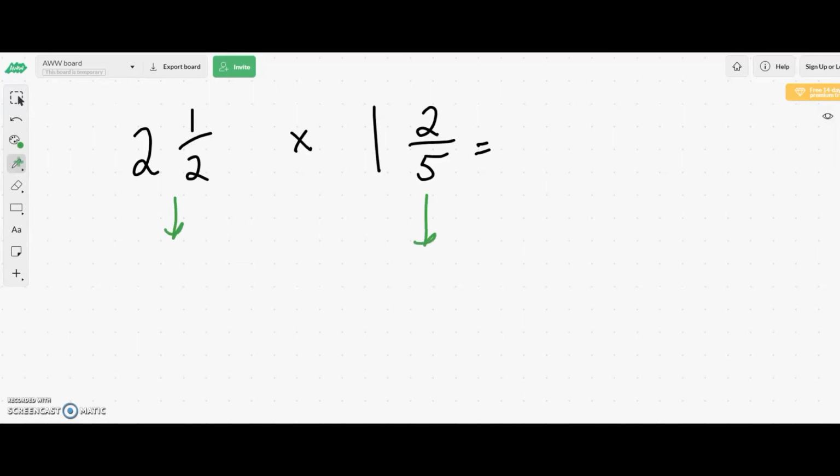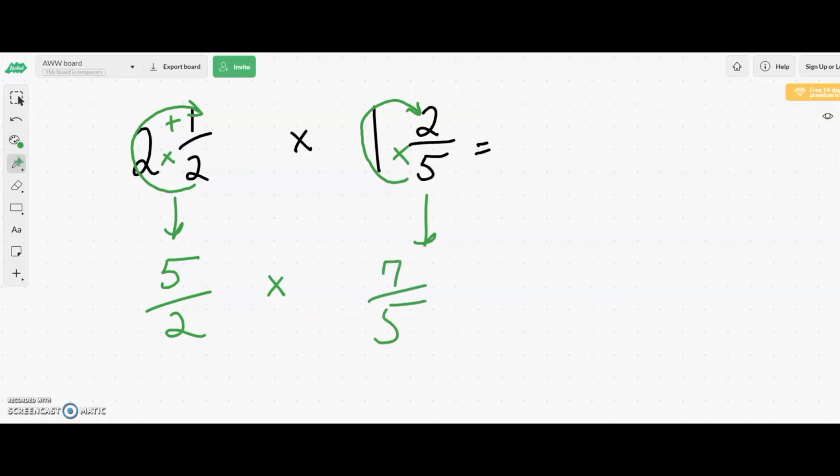By converting them, it's 2 times 2 plus 1. 2 times 2 is 4, plus 1 is 5 over 2. The number you started with at the bottom stays for the bottom. Same thing here. 5 times 1 is 5, plus 2 is 7 over 5.